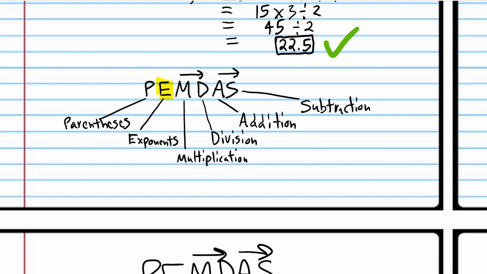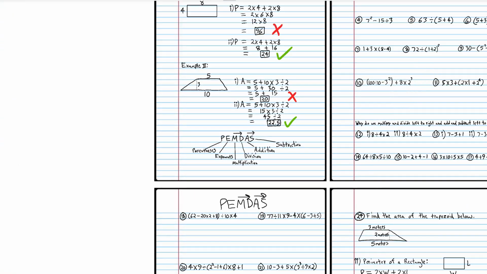Then we do exponents, and we went over exponents a little bit. We'll review those today. Then we do multiplication and division, addition, subtraction, and so on and so forth. Now, we're going to talk about what these arrows mean later on, but let's just go ahead and get into our first problem here.